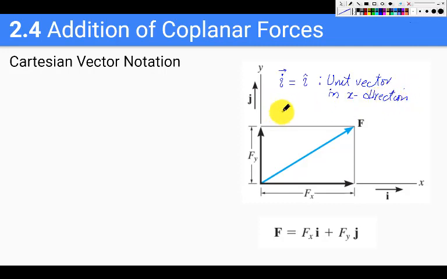The second is the j vector, also sometimes referred to as j hat, which is the unit vector in the y direction.